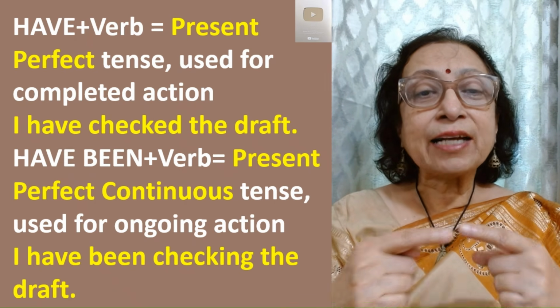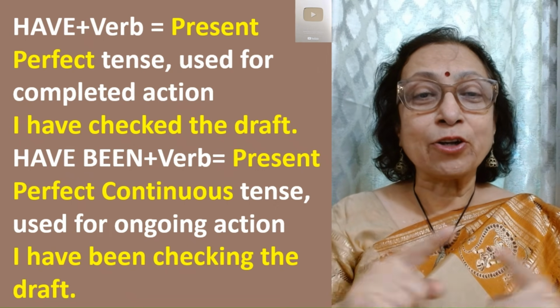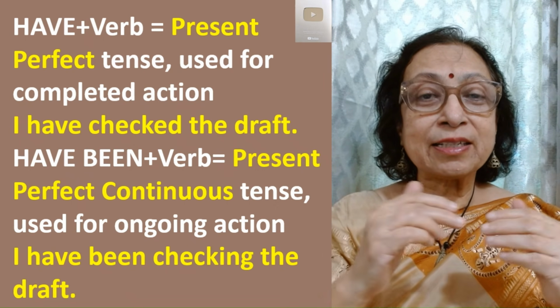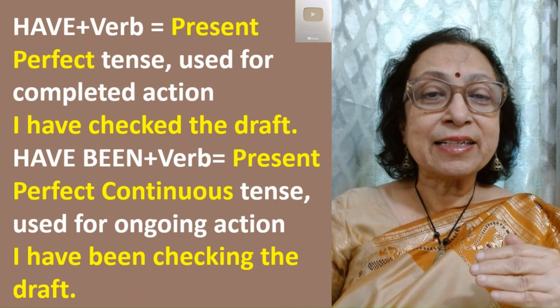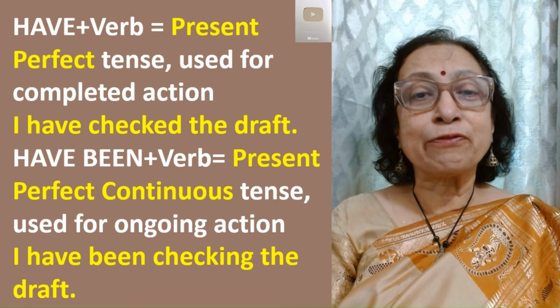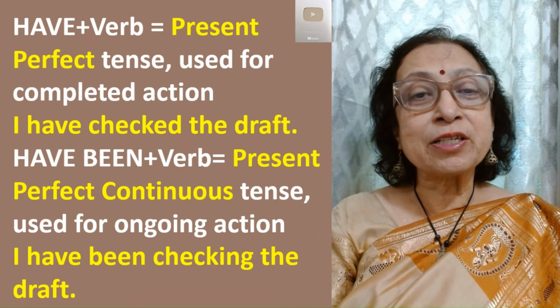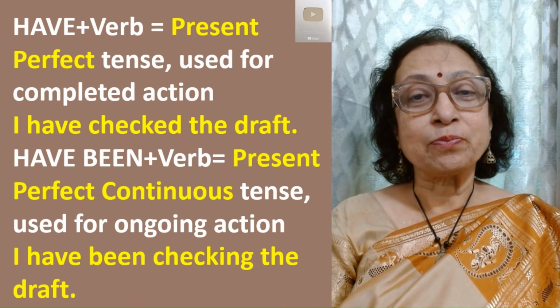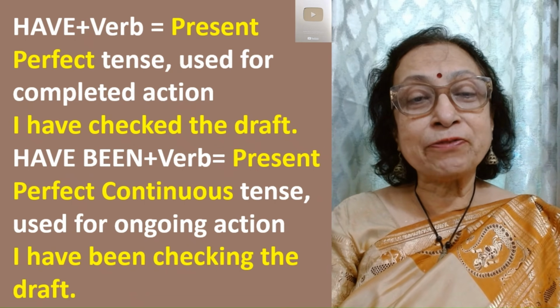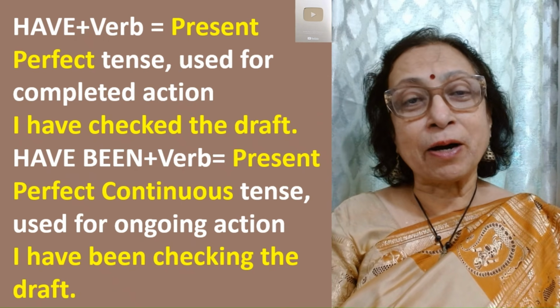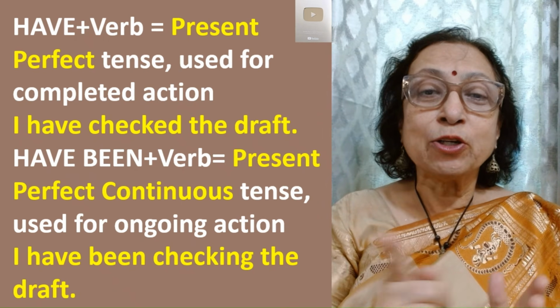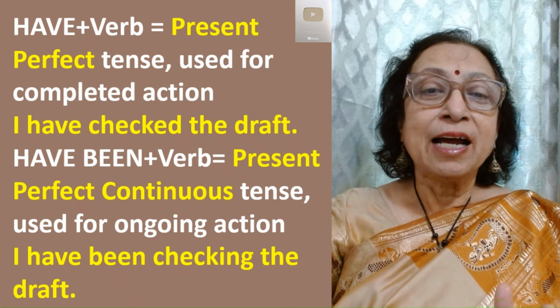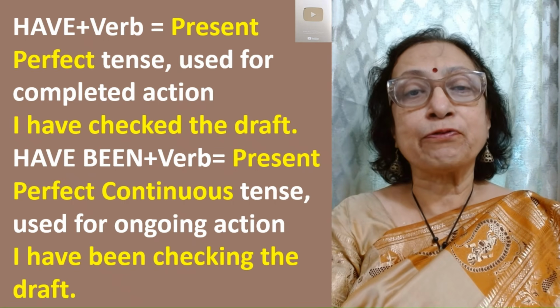Whereas an action which is ongoing, not complete, but it is continuing and is likely to be completed only in the future, uses the present perfect continuous form. Unlike the past perfect continuous, which is all over in the past, the present perfect moves into the future and completion is in the future.